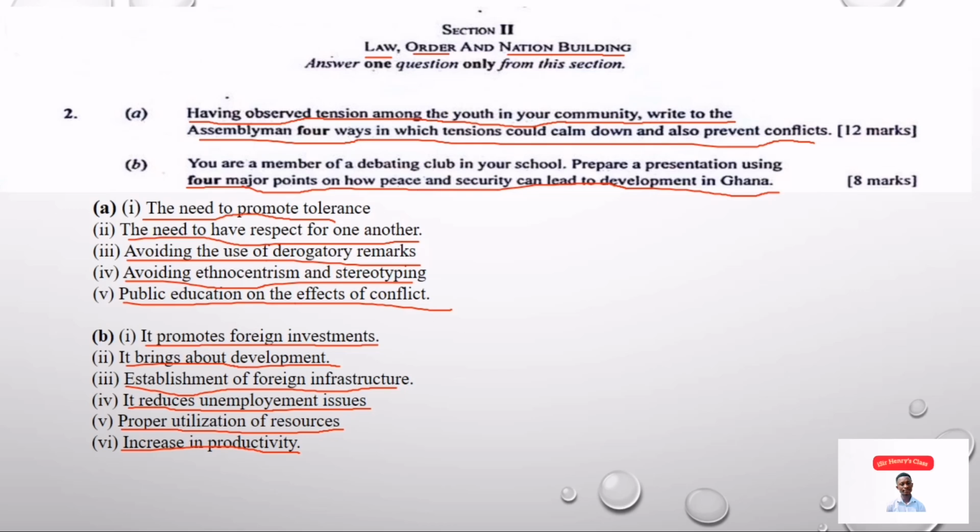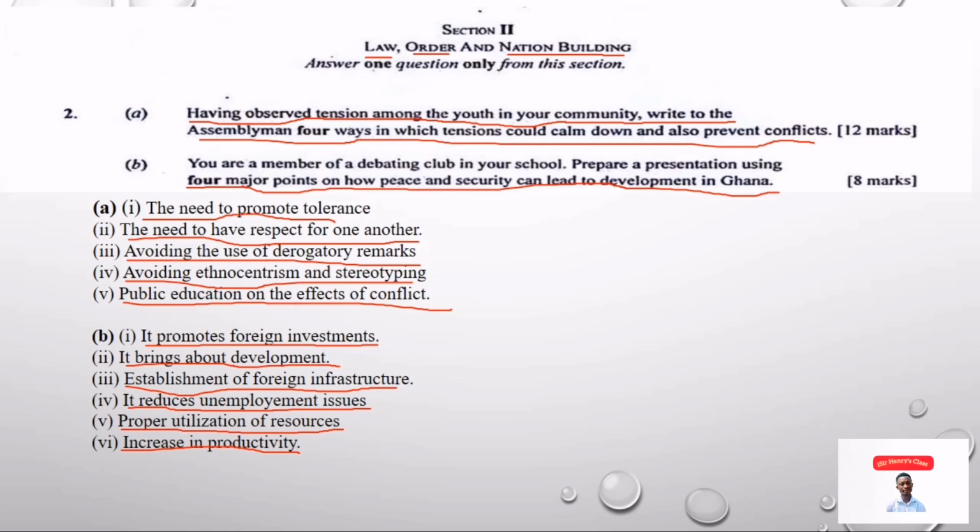Then through that, we would have a mindset that lets us use our resources wisely for development. And finally, it increases productivity. And we say productivity is the output per man's hour, the amount of goods a worker can produce within a given period of time.